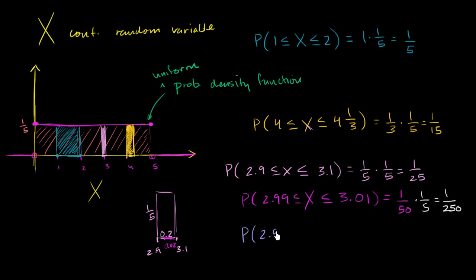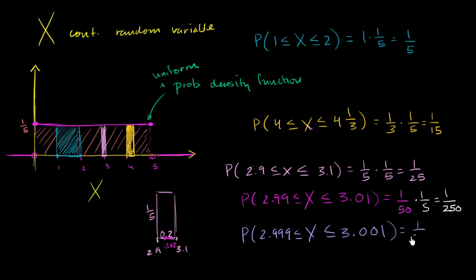What's the probability that 2.999 is less than or equal to our random variable, which is less than or equal to 3.001? What's this going to be equal to? Well, same exact logic. The base, this little range of our random variable, is now a range of 0.002, 1/500.